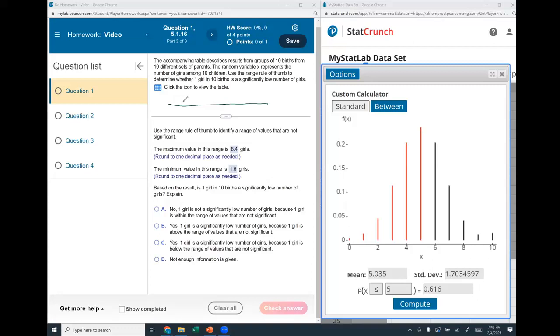And we know that here is our mu minus 2 sigma, and that value is 1.6. So anything below that value, anything lower than 1.6 is significantly low, right?